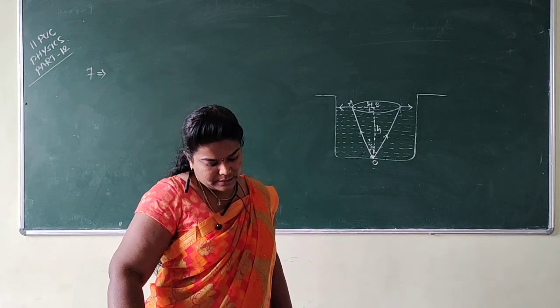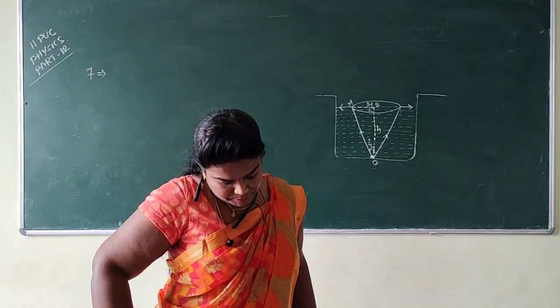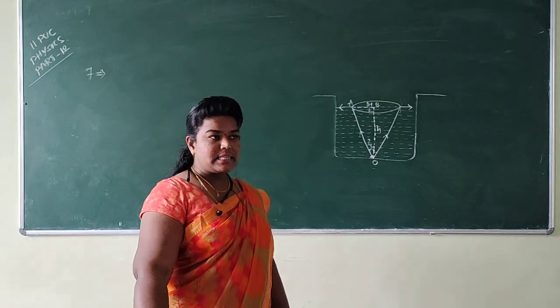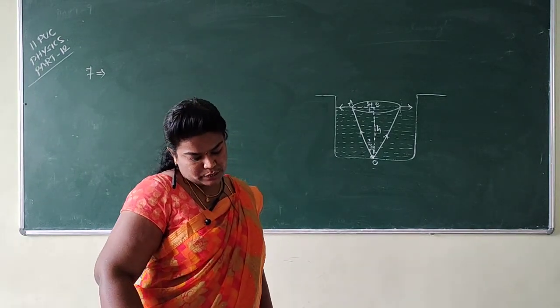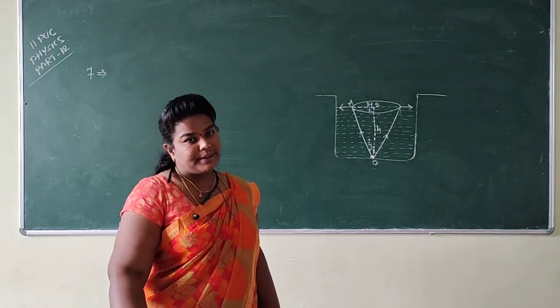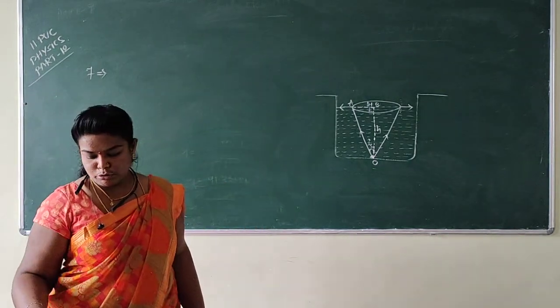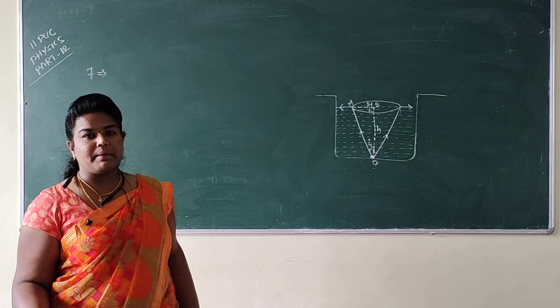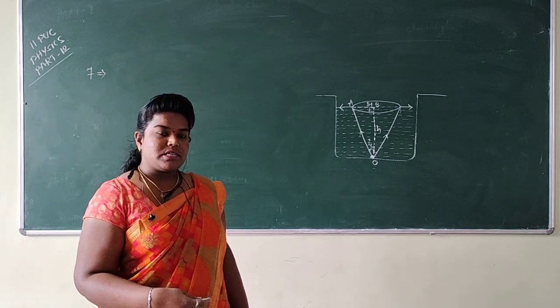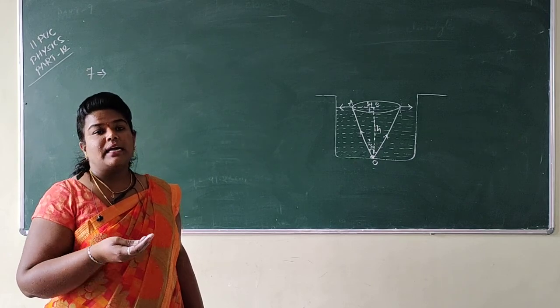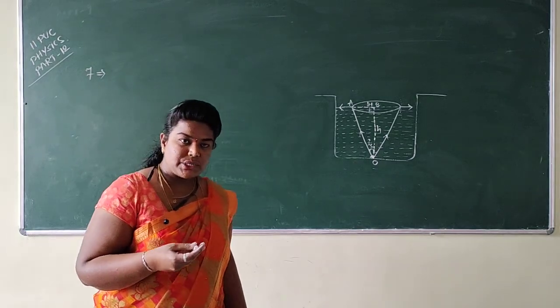Dear students, here we should calculate the focal length of a liquid lens and also the refractive index of the liquid. Let us calculate that. My dear students, the refractive index of a liquid you have also learned in previous classes, just by applying the formula that relates the focal length, radius of curvature and n.